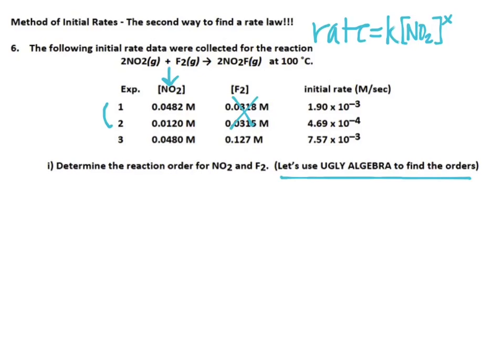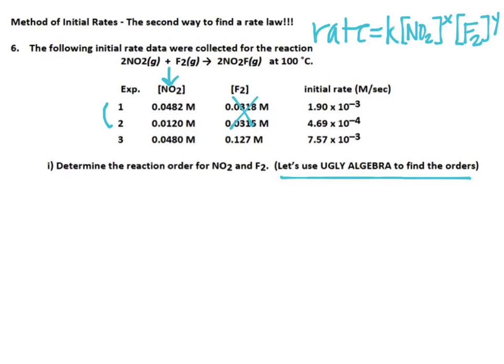We don't know what it's raised to. And then we have F2 raised to the power of y. We don't know what F2 is raised to the power of. We don't know those orders, and we're going to figure it out. So there's our skeleton. That's our backbone we're going to work off of.